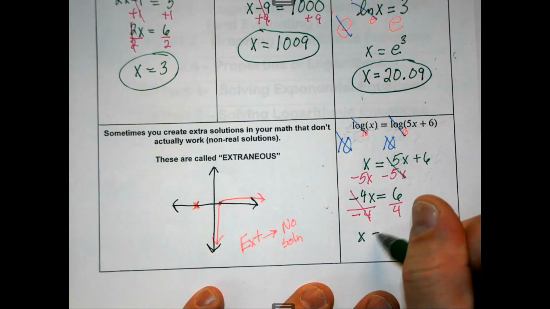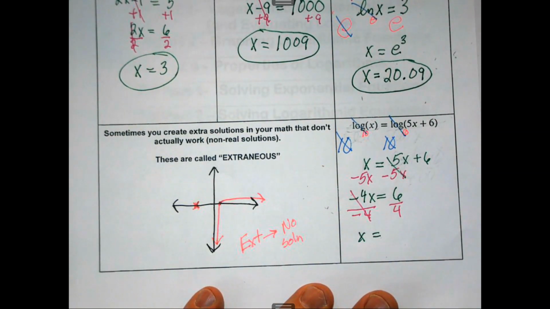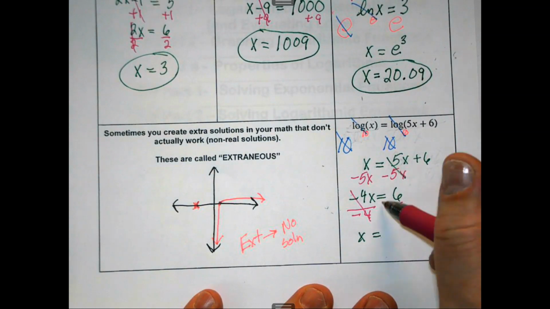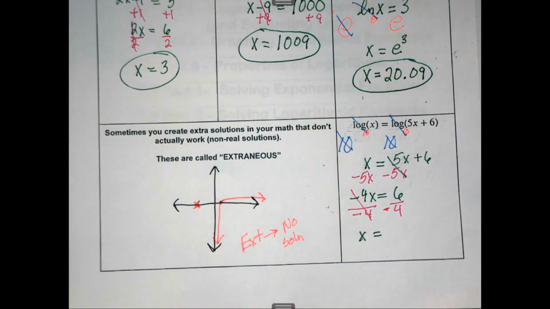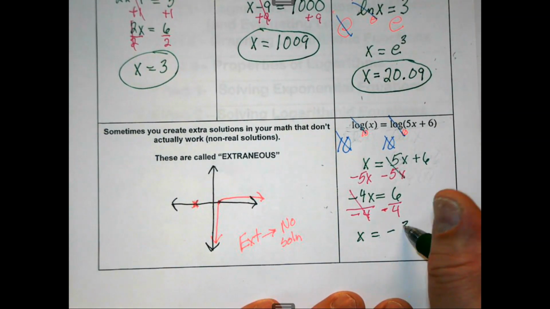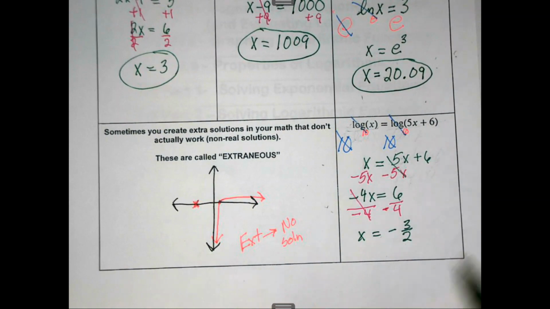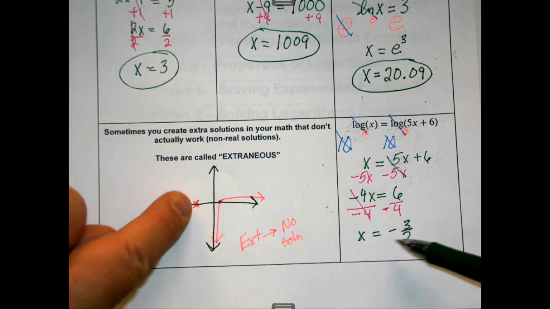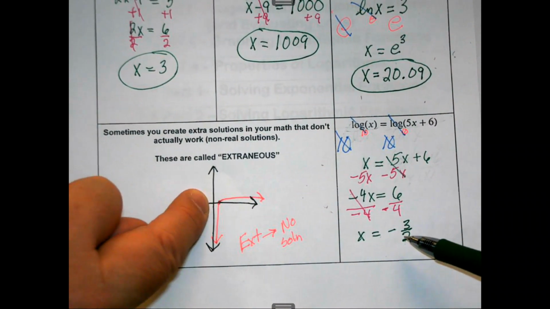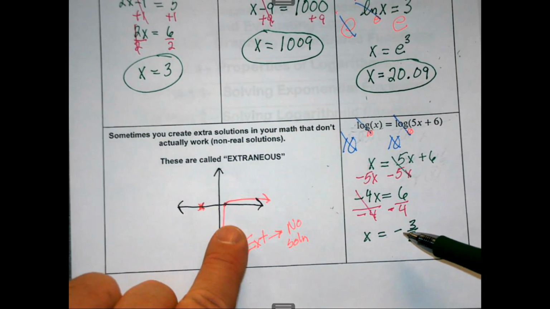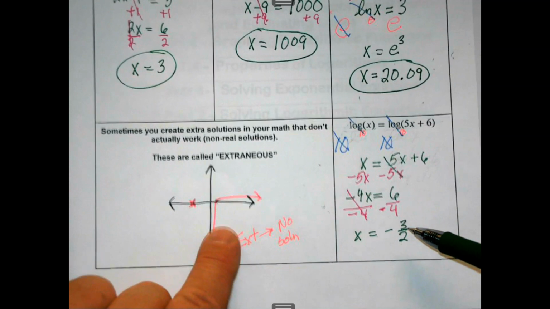So x is going to equal, and I can reduce negative 6/4, right? Negative 3/2. Yep, good, Jared. However, my x can never equal a negative 3/2 because it's not part of my function. It's not in my domain.